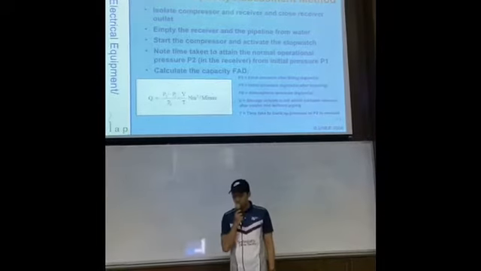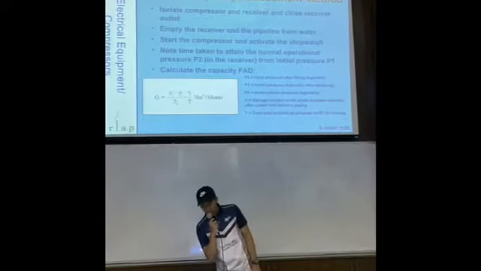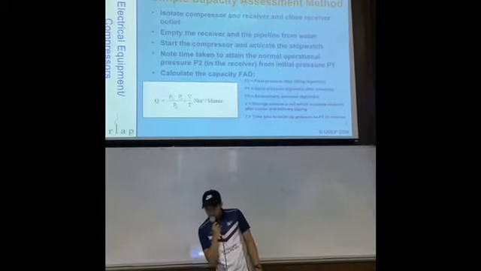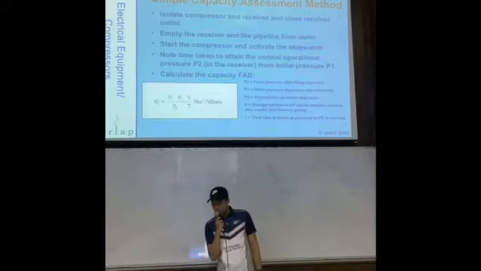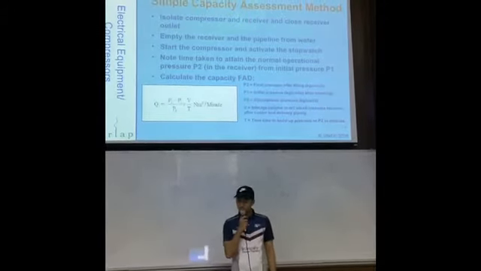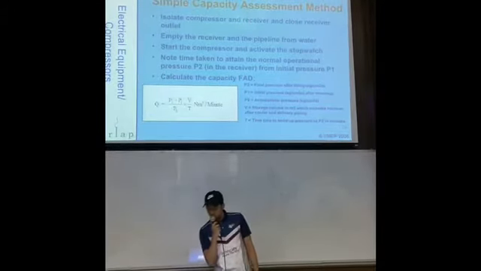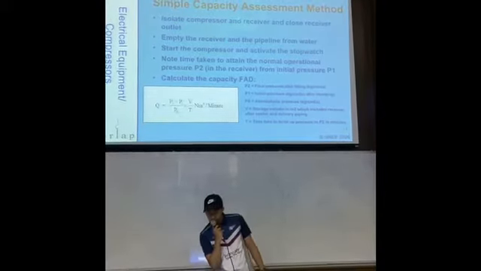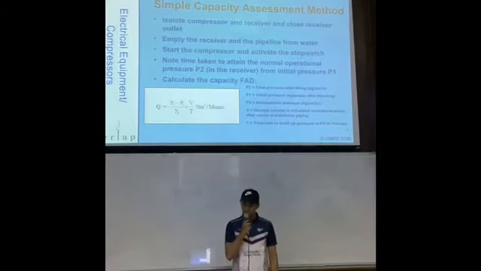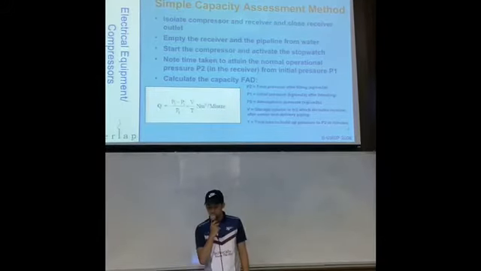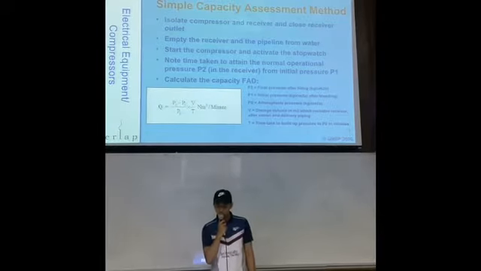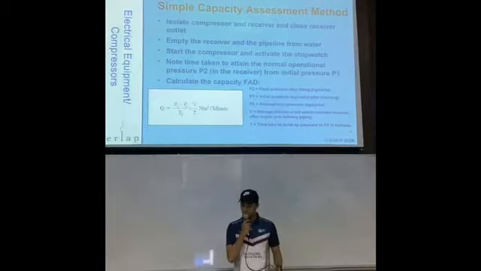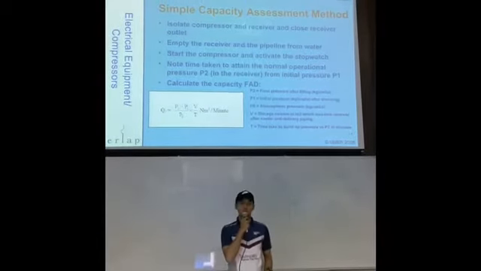Using the formula Q = ((P2 - P1) / P0) × V / T, where P2 is the final pressure after filling, P1 is the initial pressure, P0 is atmospheric pressure, V is the storage volume in cubic meters, which includes the receiver, after cooler and delivery piping, and T is the time taken to build up pressure to P2 in minutes. Thank you.